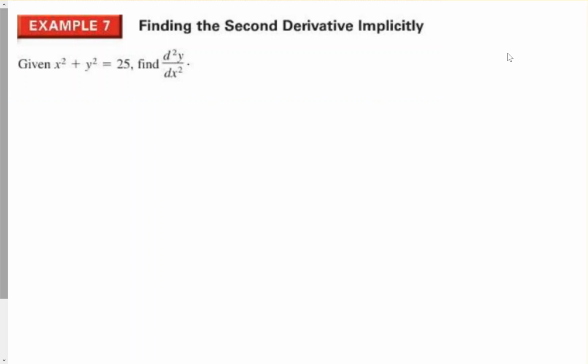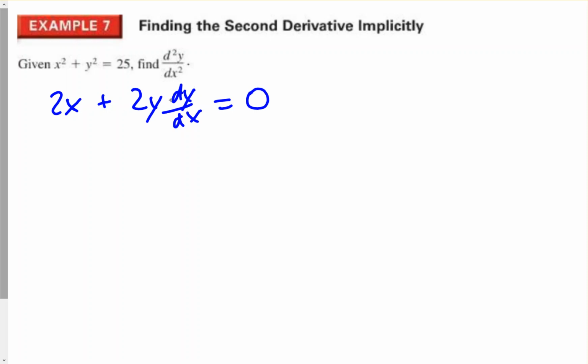Okay, so here we want to take the second derivative. Take the derivative of both sides. We would have 2x plus 2y times dy dx equals the derivative of 25, which is 0.